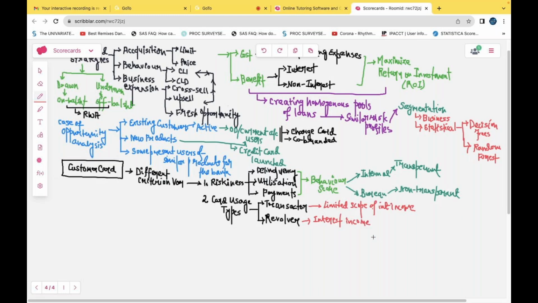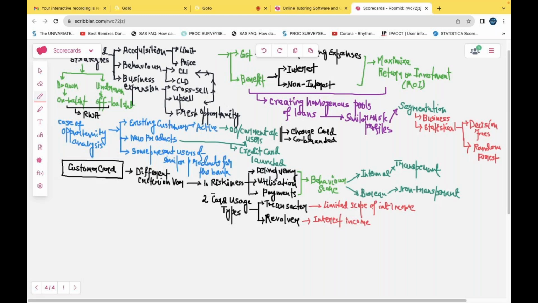Now the question that comes over here is that if I am given these two segmentation variables, and I choose to create a segment, how do I create a segment? So should I first choose riskiness and then usage types, or first should I choose usage type and then explore riskiness within them?